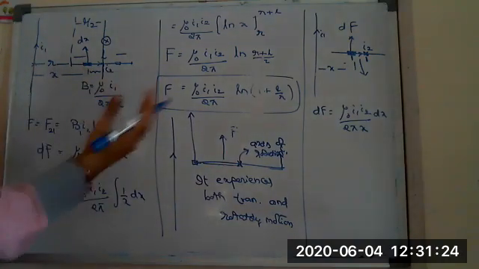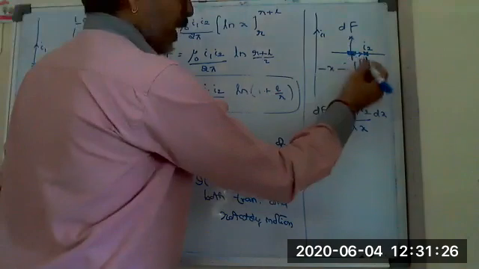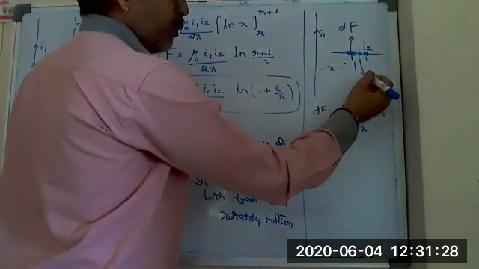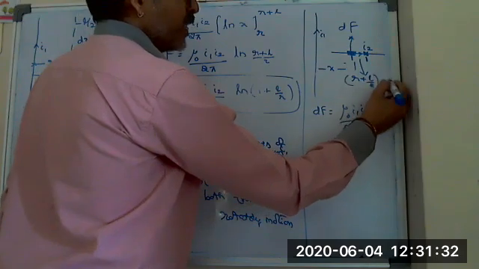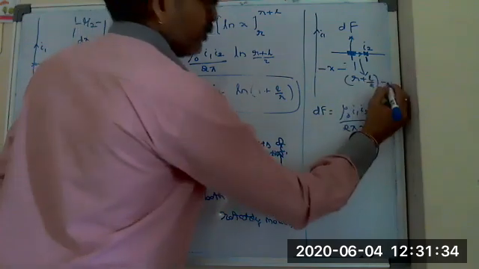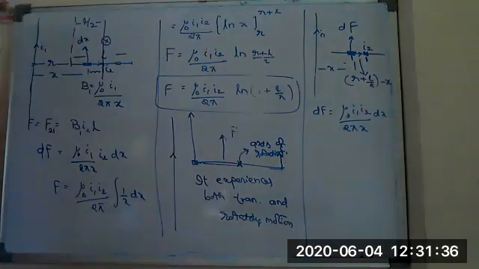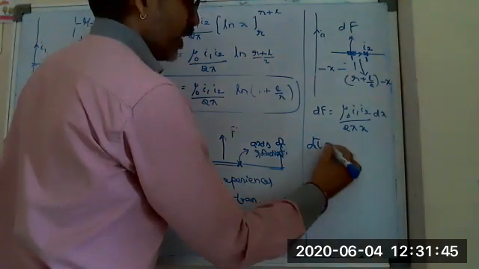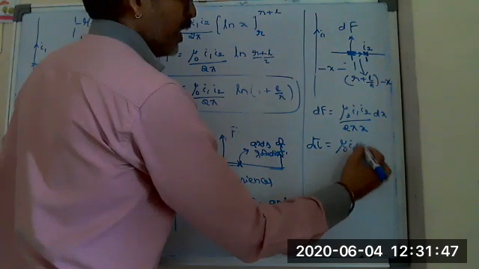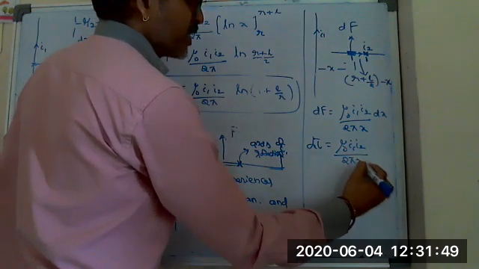Okay. So from the axis to the element, the perpendicular distance will be R plus L by 2 minus X. Why do you require the perpendicular distance, sir? To find the torque, I require force into perpendicular distance. So d tau here I have to write mu naught I1 I2 by 2 pi x dx.